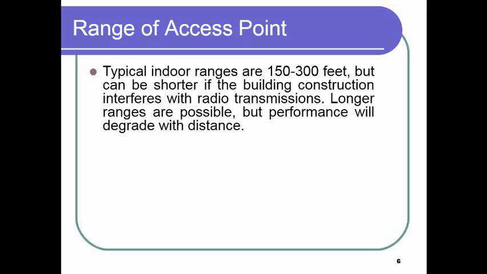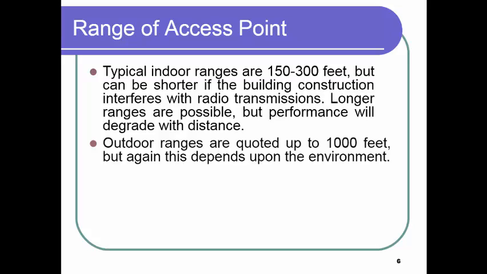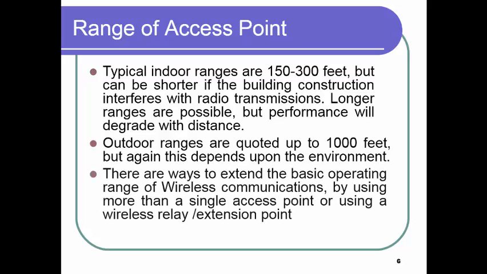Longer ranges are possible in an outdoor environment, but the performance will degrade with distance. That means as the distance increases, attenuation increases and the signal strength is reduced. Outdoor ranges are quoted up to 1000 feet, but again this depends upon the type of environment. If there is a hilly area or obstructions, definitely the coverage range is reduced.